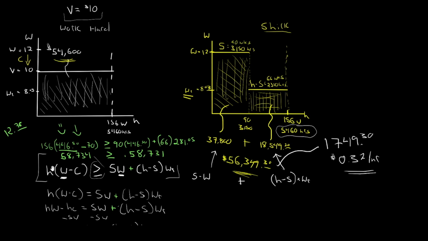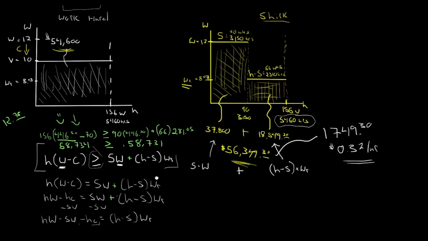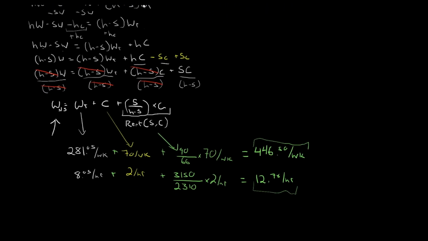Okay, what happens if things change? Let's take a look at this formula. We're saying that the wage that the company has to pay in order to get their employees to put in the effort has to be equal to their reservation wage plus the cost of effort plus the rent that they would get from shirking to offset that.